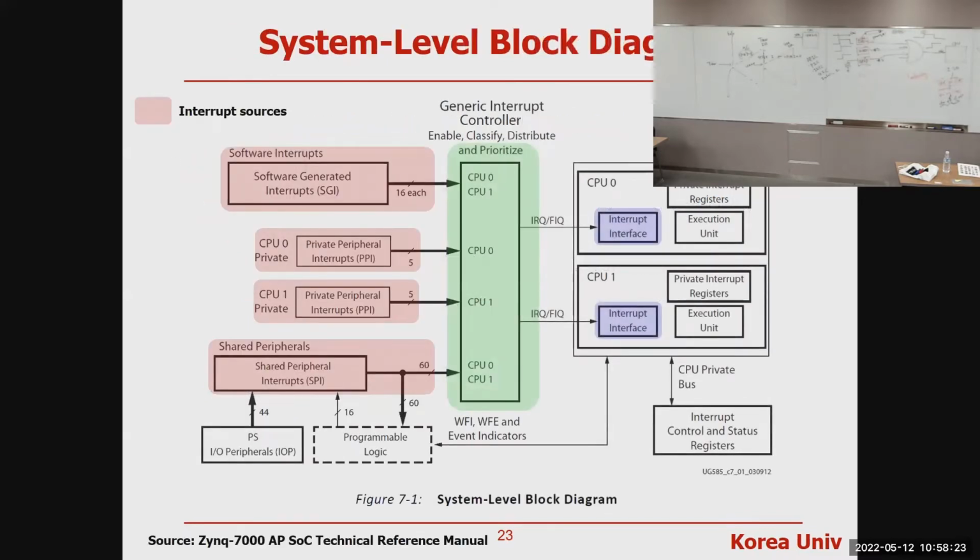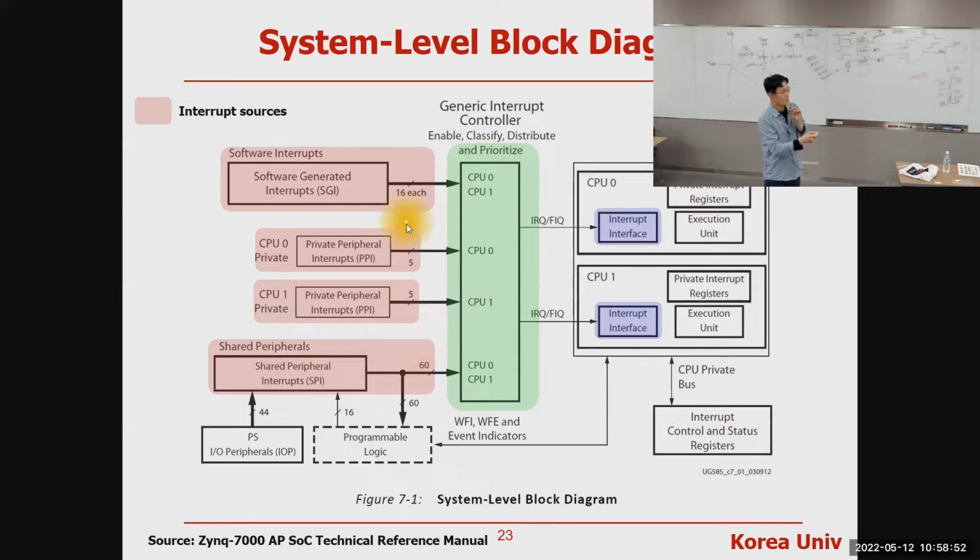This one is a system block diagram, very confusing, so I color coded it. The pink are interrupt sources. You can think of them as I/O devices. For example, you have a private timer here, and a UART in this pink box, and GPIO in this pink box.